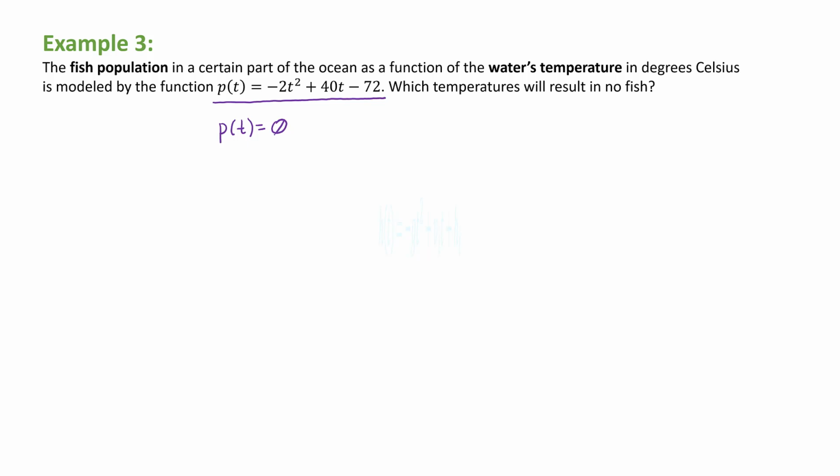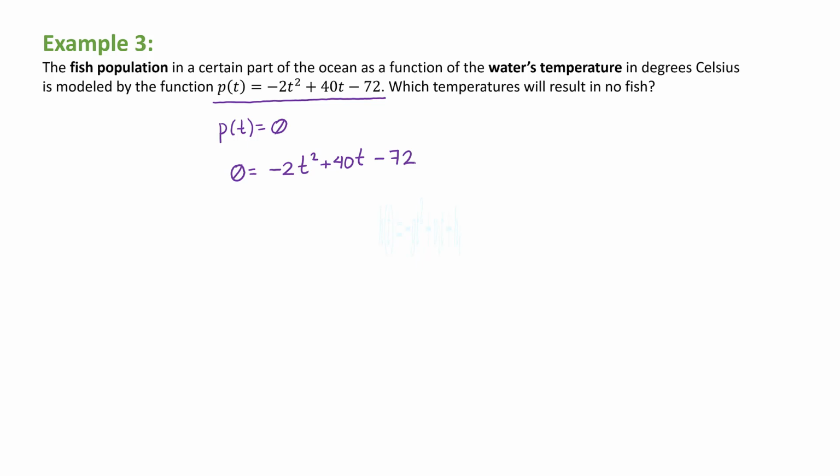That means that we're looking for the value of T that represents temperature. We're looking for the temperature that makes the population 0. So let's substitute this value in the model. Population 0 equals minus 2t squared plus 40t minus 72. Okay, that means that we need to solve this quadratic equation.